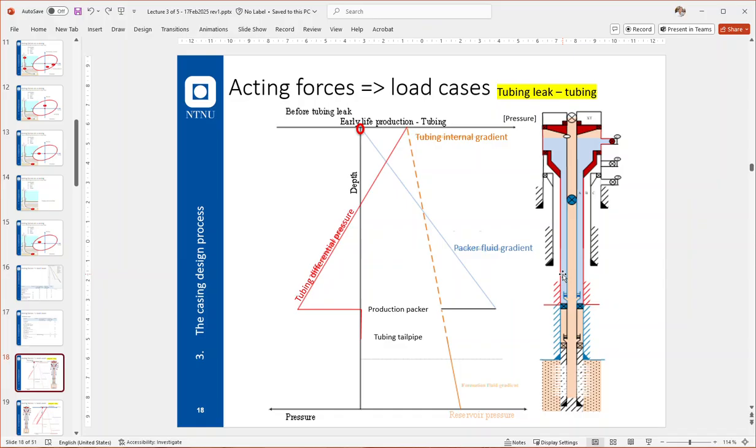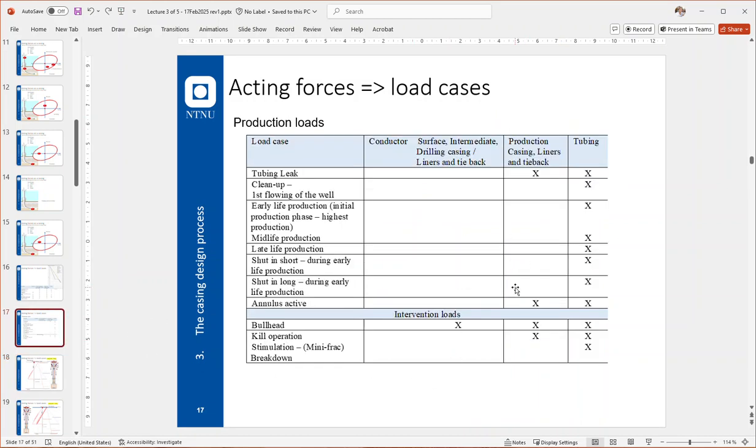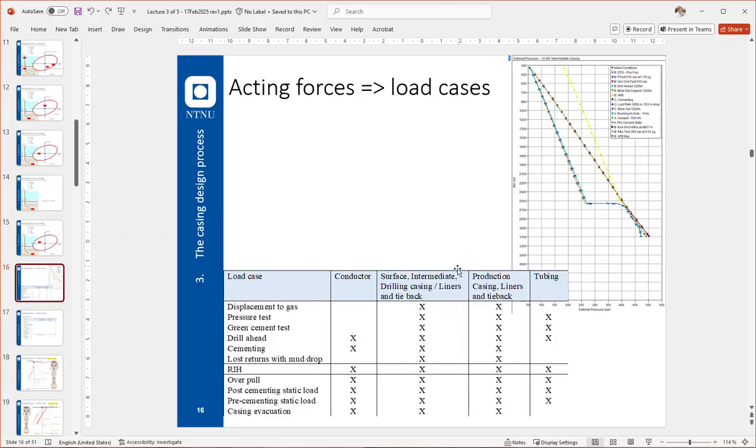Then in the situation where you're drilling through your reservoir, the 6-inch hole, you will have a 7-inch liner and a 9 5/8 inch casing exposed. Both of them would be regarded as production casing liner, and they will all fit into this category here of production loads. Here, the drilling loads for the same.